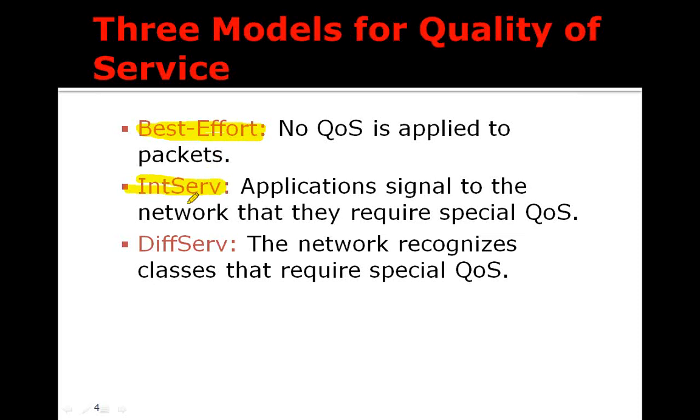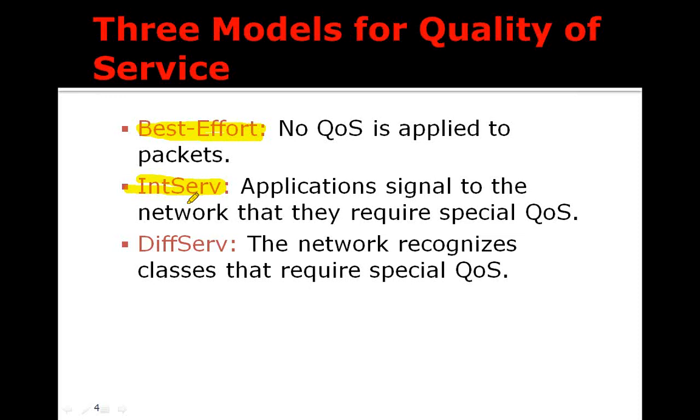IntServ really utilizes more or less an RSVP. We're going to set up throughout the network and guarantee that this packet has a specific level of quality from one end to the other all the way through the network. So it's a special QoS that requires some configuration, and it must be configured from end to end. So it just happens throughout the entire network.